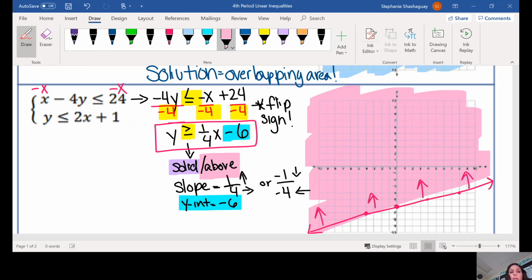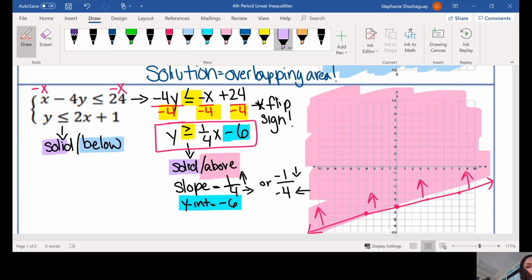So there you go. Okay, now we're going to look at this other equation, which is already in slope-intercept form. This is saying y is less than or equal to, so it's also a solid line. And it's going to be going below because it's less than, so it will be shaded below the line.